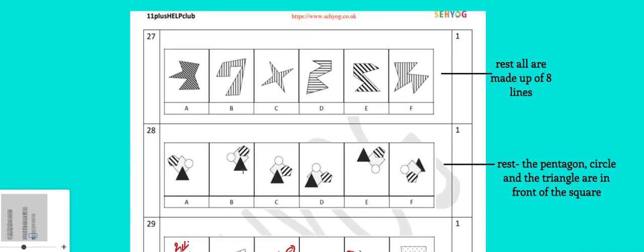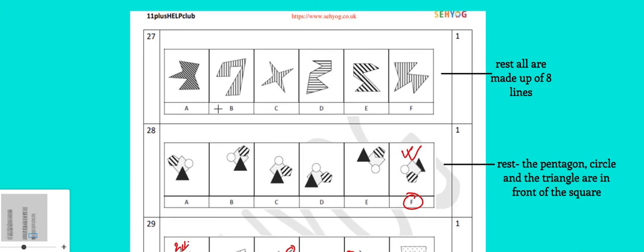A is not the odd one out, and neither are B, C, D and E, where everything is in front. But in F, the triangle goes behind the square, making F the odd one out and our correct option for this question.